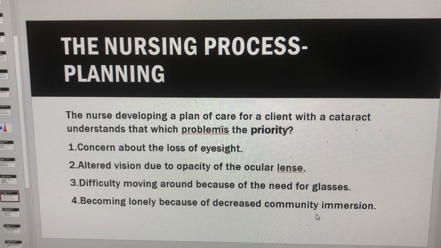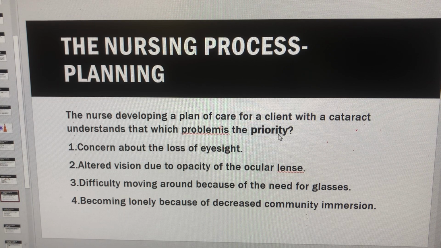Note the strategic word priority and use the steps of the nursing process. This question relates to planning nursing care and asks you to identify the priority problem. Use Maslow's hierarchy of needs theory to answer the question, remembering that physiological needs are the priority.